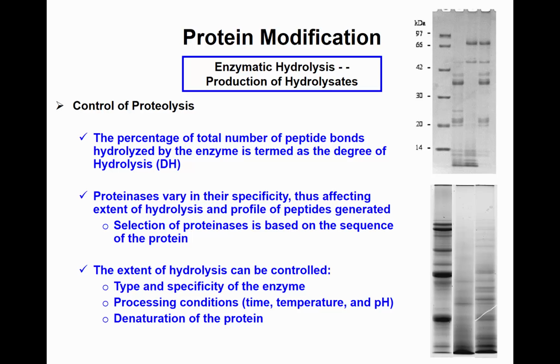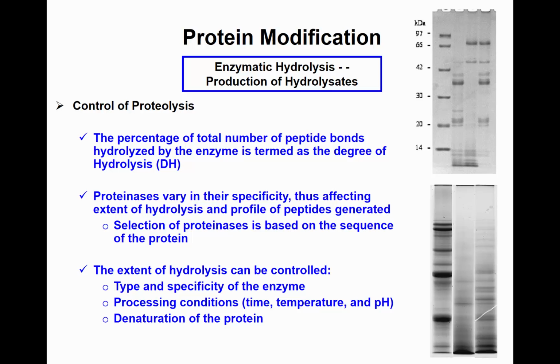Because we know that glycinin forms a stronger gel, once you hydrolyze it, you lose the gelation capability. And the same is true when you hydrolyze beta-conglycinin, you lose emulsification capability. So you can promote a certain directed change based on what you know about the enzyme and the protein.